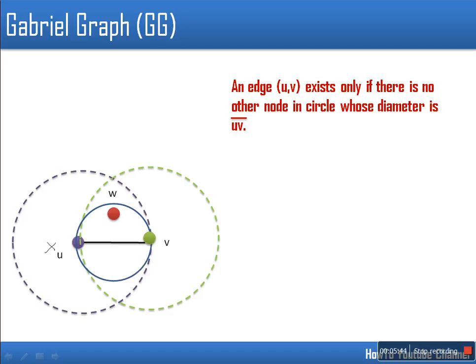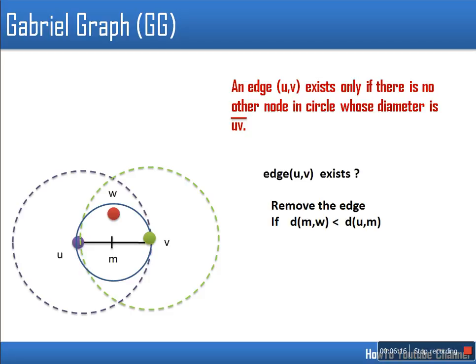Now the question is how we are going to decide whether a node W is inside the circle or not. We will find the midpoint of U and V. This midpoint M is also the center of this circle. If a node is inside the circle, the distance between that node and the center will be less than the radius of this circle, and the radius of this circle is UM.